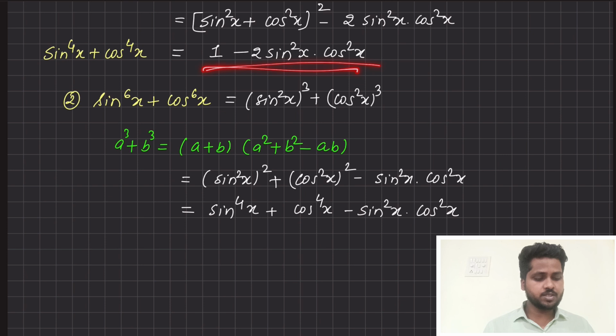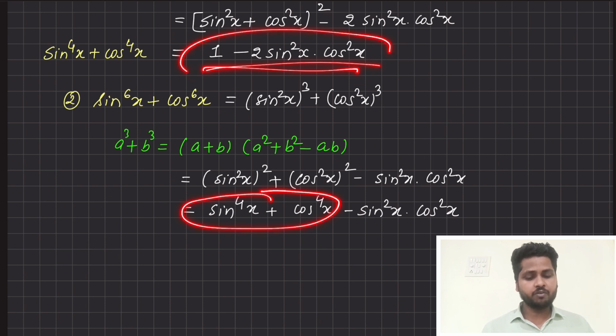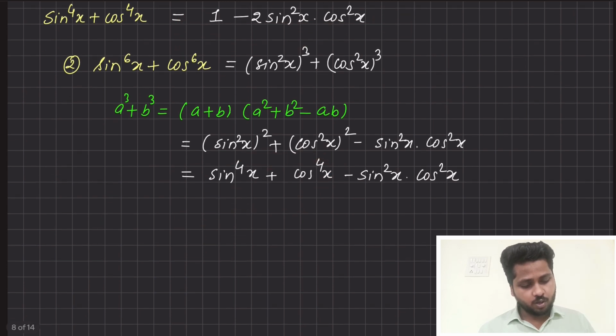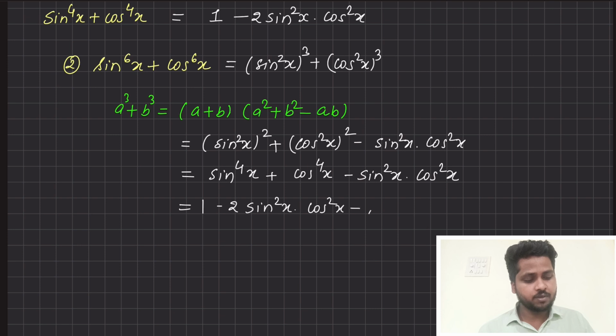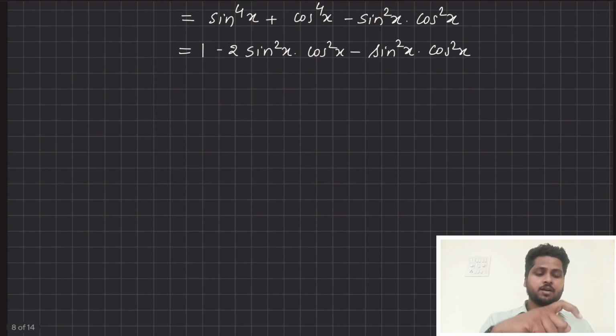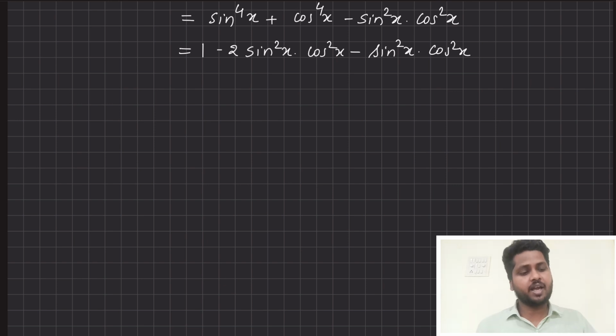So instead of this we can write this value as 1 minus 2 times sine square x into cos square x minus sine square x into cos square x. So 1 minus 2 times sine square into cos square and one more minus sine square into cos square becomes minus 3 times.